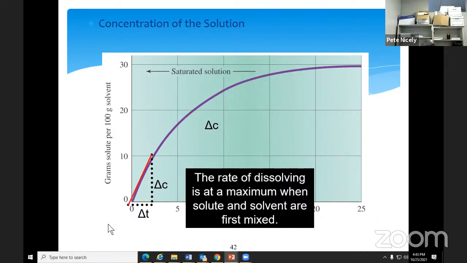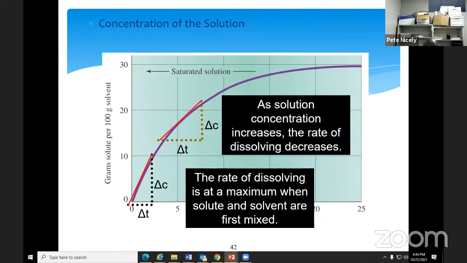So what that tells you is that the rate of dissolution decreases as time increases, right? It is relatively fast at the beginning, but the rate of dissolution decreases as time progresses, all right? So that is what happens when you look at the rate of dissolution of a solid in a liquid solvent.